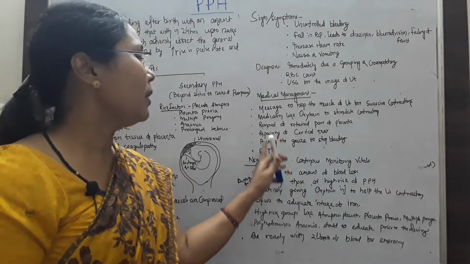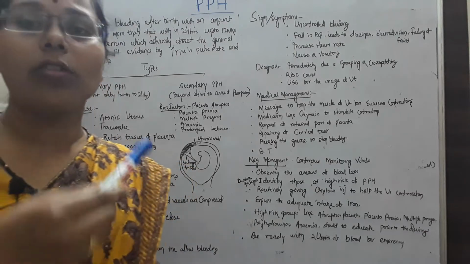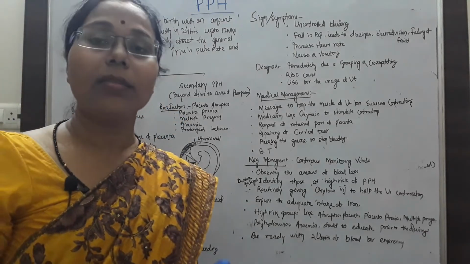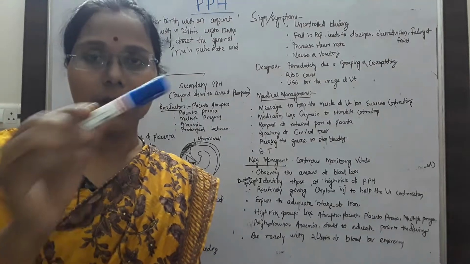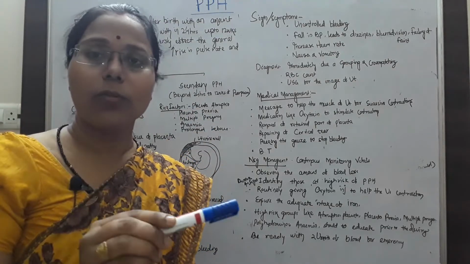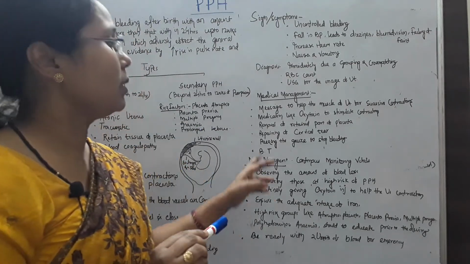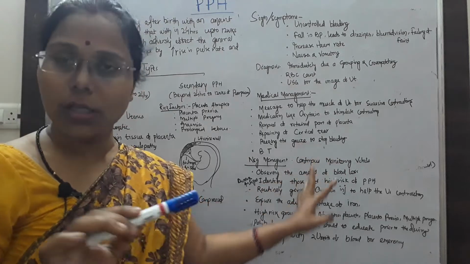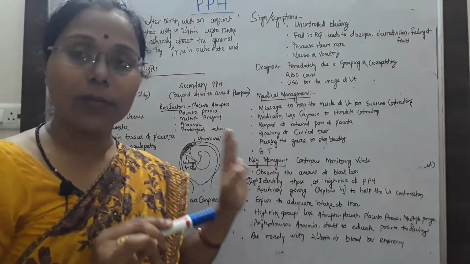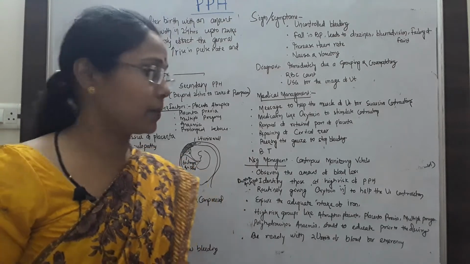And repair of the cervical tear: if there is application of ventouse or forceps delivery, and there is any tear to the wall of the cervix or the vaginal wall, that tear is to be repaired by suturing, and sterile gauze packs are applied to stop the bleeding. And if this is not solved, then we go for immediate blood transfusion.